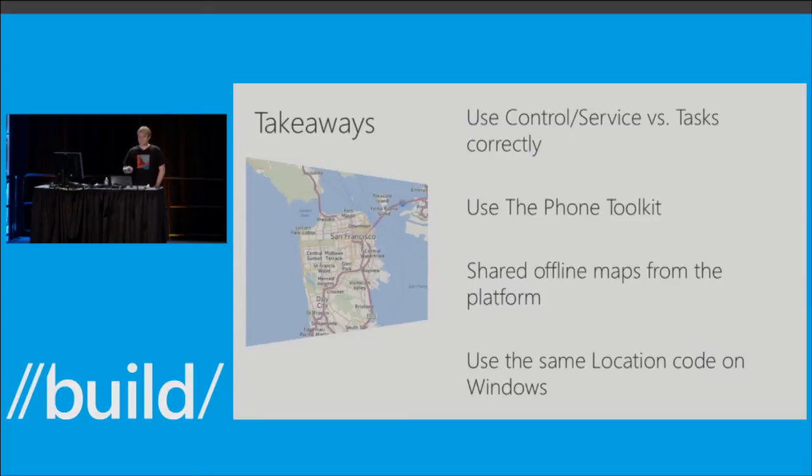We built those great UI time saver pieces in there, and it allowed you to data bind your lists directly to the collection of map overlays. Enjoy the use of our shared offline maps that allows you to use offline maps in your apps, which no one else does. And remember, you can use the same location code on Windows and Windows Phone in your apps as long as you're using the WinRT APIs.